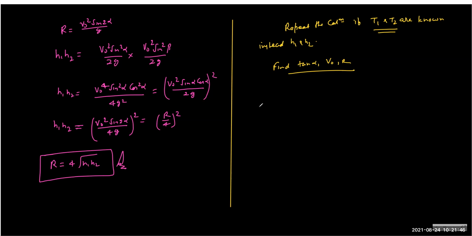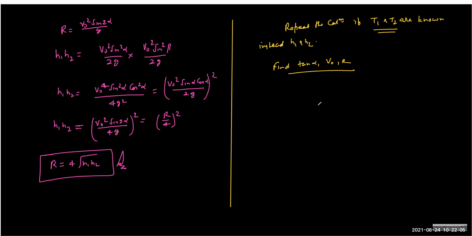Sir, is it G T1 T2 by... once again. G T1 T2 by 2. Yeah, that's the right answer. It is G T1 T2 by 2.